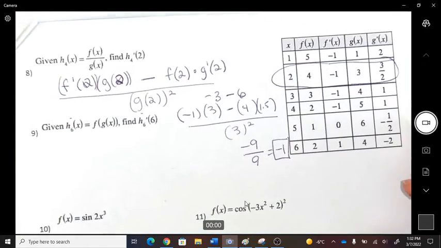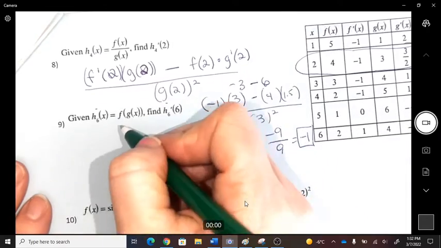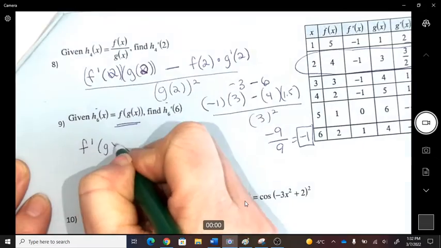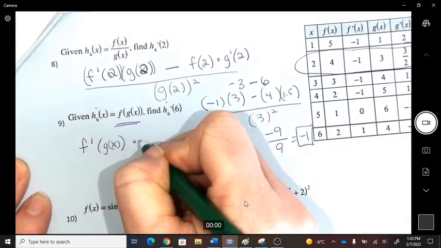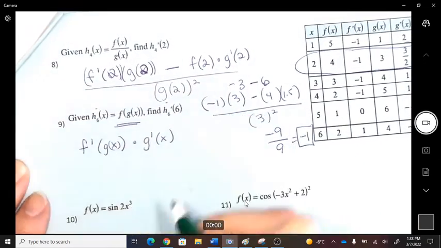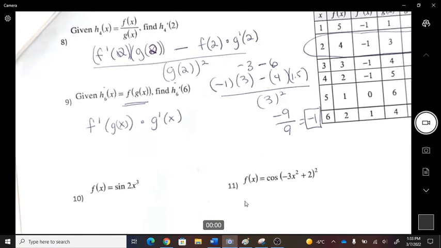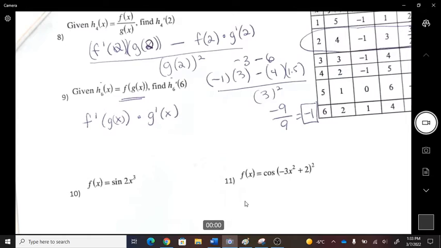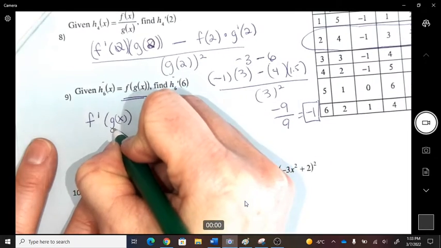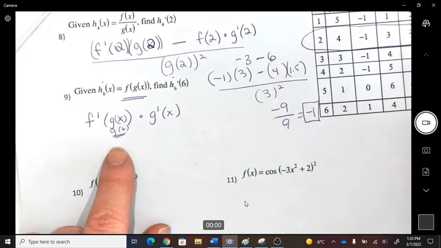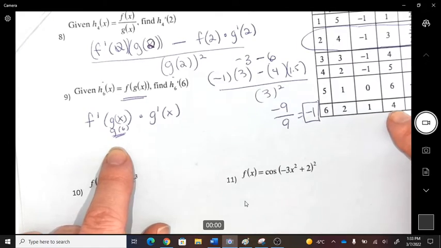Okay, this rule, so this will be f prime of g of x, then you have to attach g prime after. So that's that rule. Okay, so what is, we have to start here. What is the g of 6? The g of 6, did you pick 4 there?